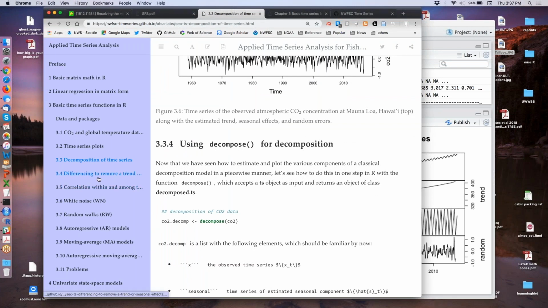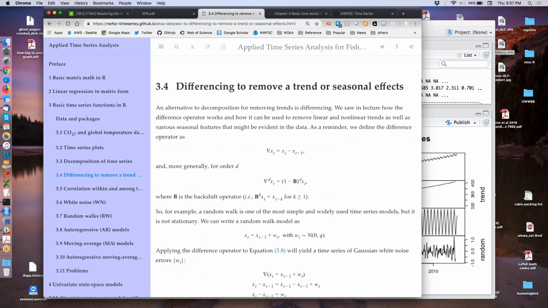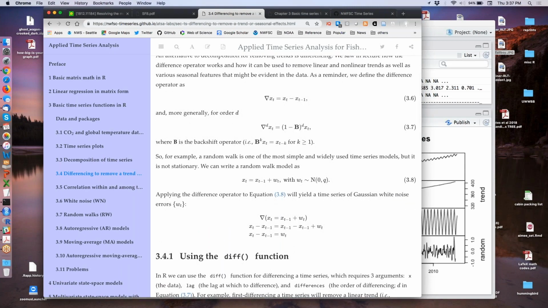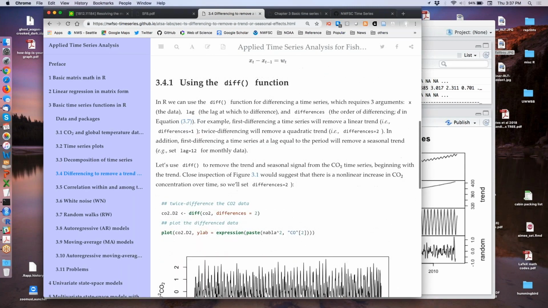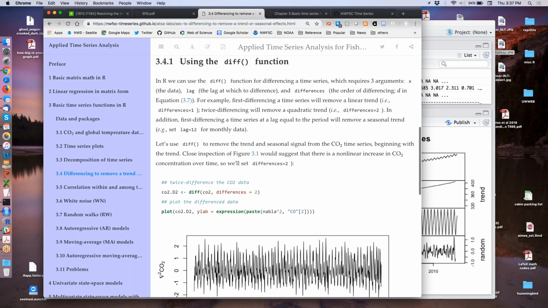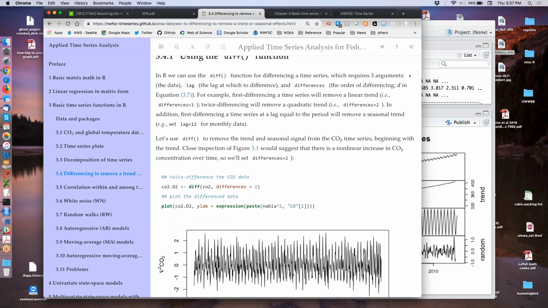Then the next thing we talked about today in class was this idea of differencing to remove trends or seasons. So you can look through here, and the function in R to do that is diff. And what diff wants to know is what the object is and the number of times to do that.